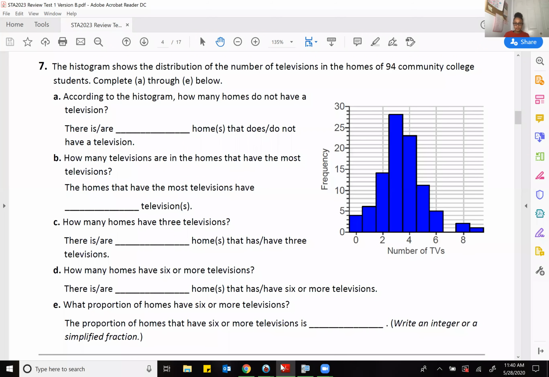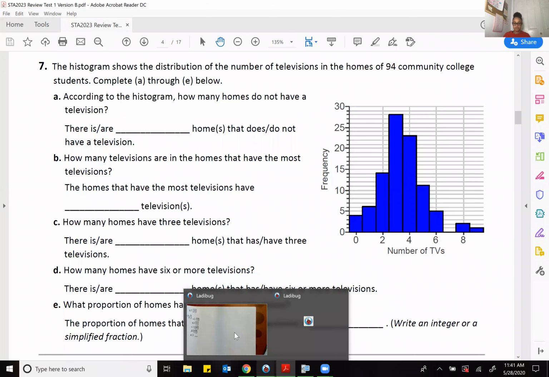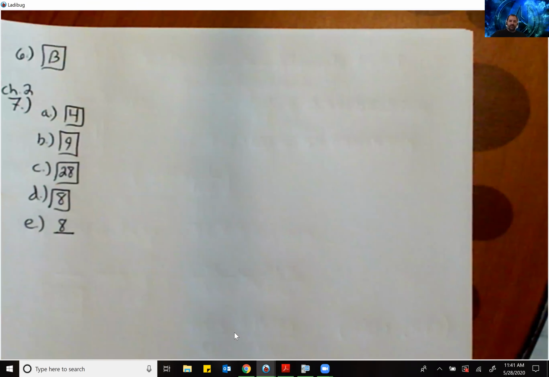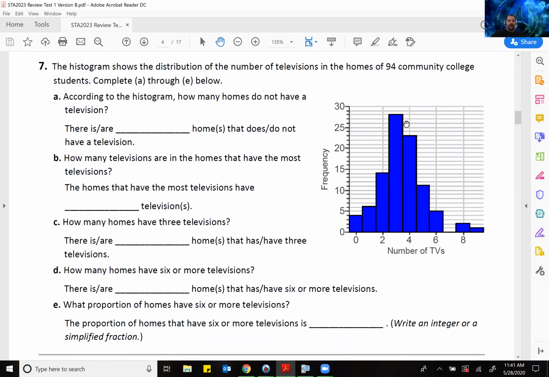So do we put 8 over how many televisions there are? That's right. 8 over the total. And then we have to reduce that. If you look carefully, you don't have to count up all these bars. They tell you how many people we talked to. 94.